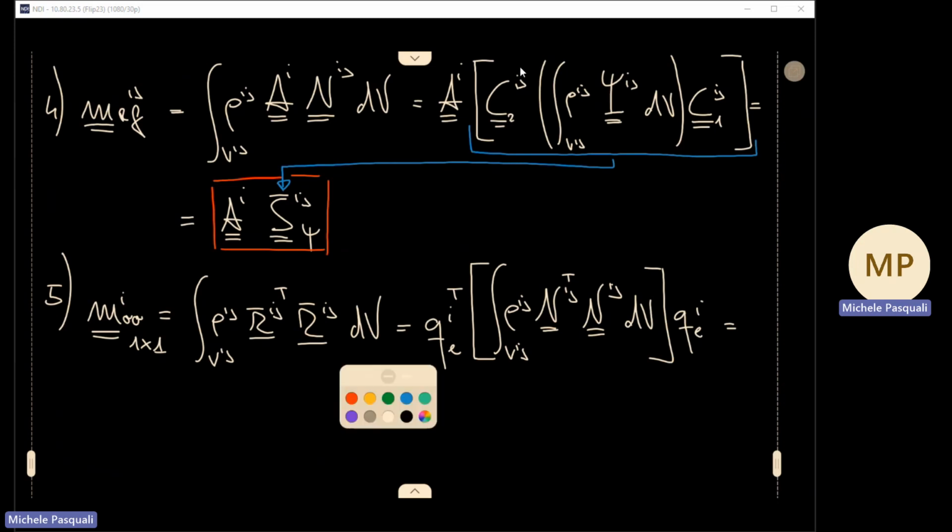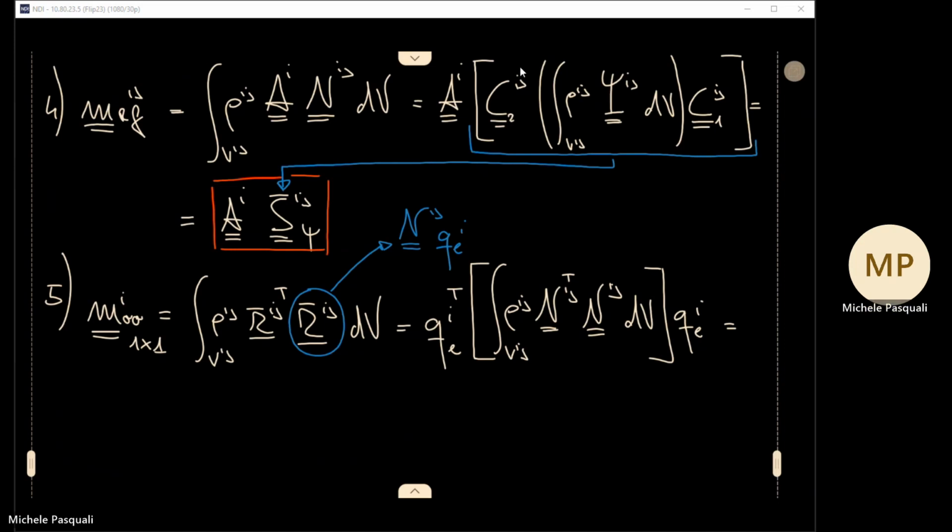Again, here we have made use of the fact that this is basically Nij times Qi. Now this can be written as such: QEI transposed applied over M F F Ij times QEI.